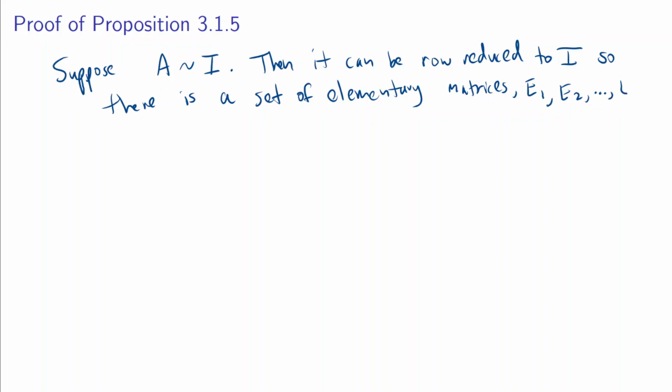So maybe we'll just say there are P of them, through EP, such that each time we perform an elementary row operation to get A down to I, we can think of that as multiplying on the left by one of these matrices.